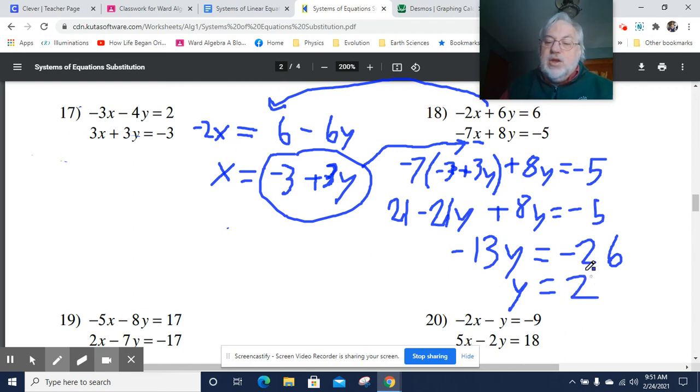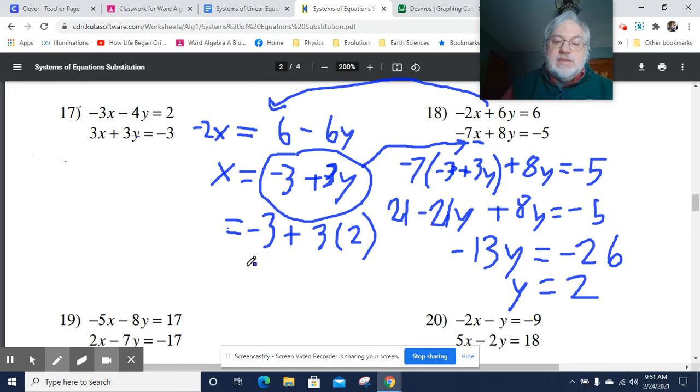And now I can go ahead and take the y equals 2. If I wanted to, I could substitute it in for either of these y's. But why would I do that if I've already figured out an expression for x? So I'm going to actually plug that 2 in to this expression for x and find out what x is. So x will end up equaling, I'm substituting the y value, negative 3 plus 3 times 2.